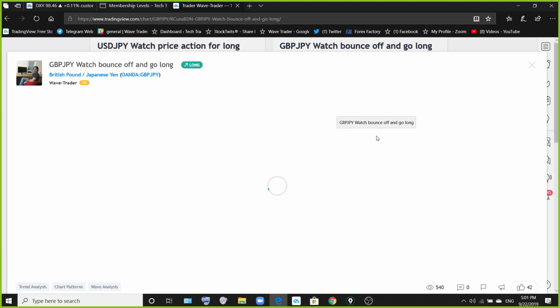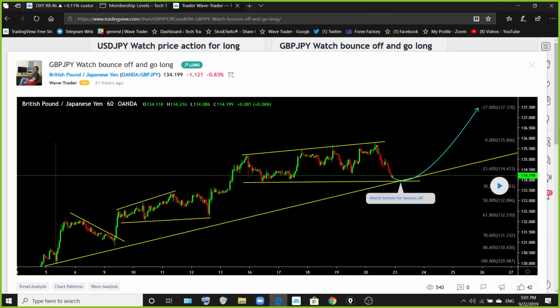Same analysis on the pound yen. So you're looking for it to hold the bottom and go back up.